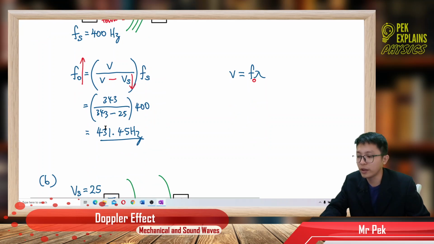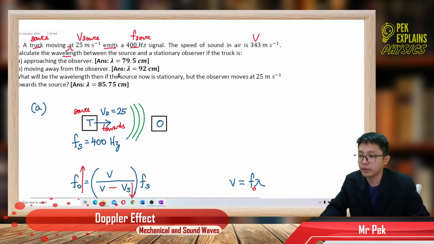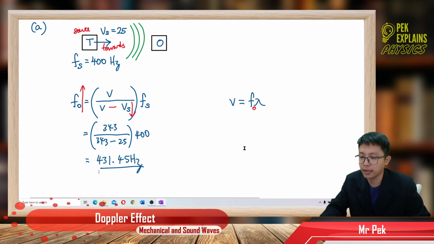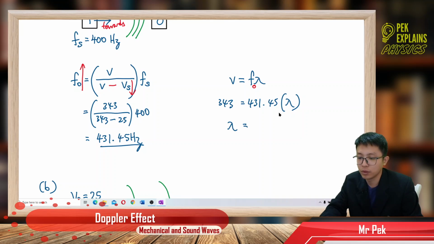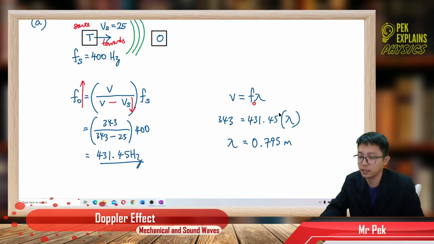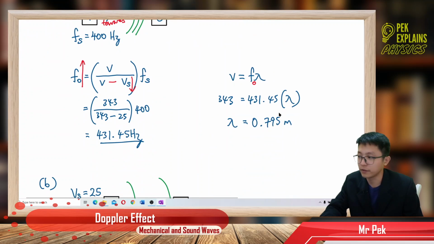Now I want to find the wavelength. The speed of sound is still the same, 343, but the observed frequency is 431.45. So what's the new wavelength? I got 0.795 meter, which is also 79.5 centimeter.